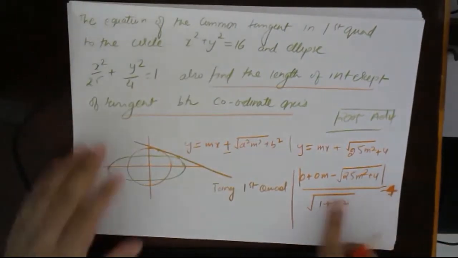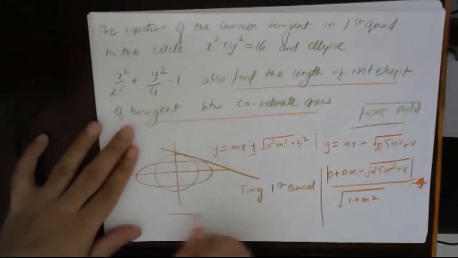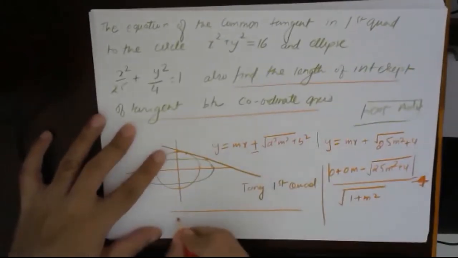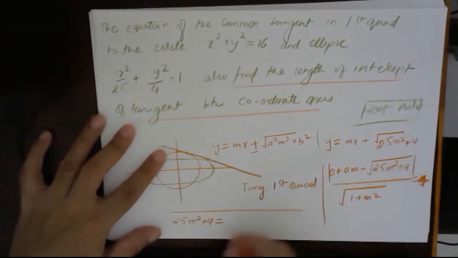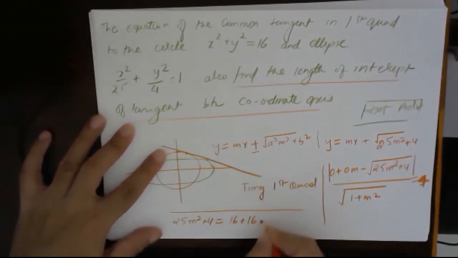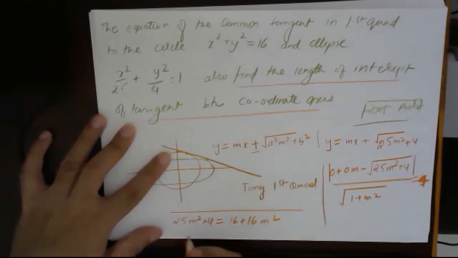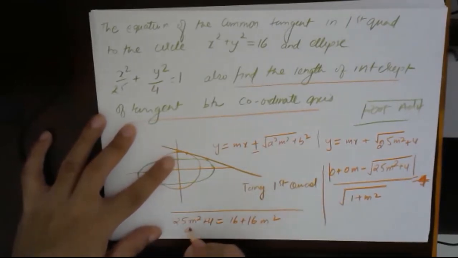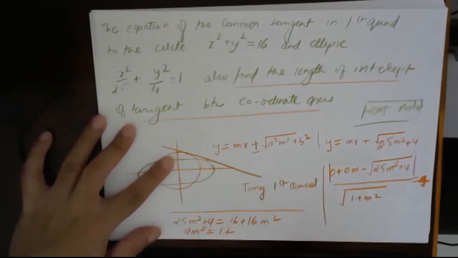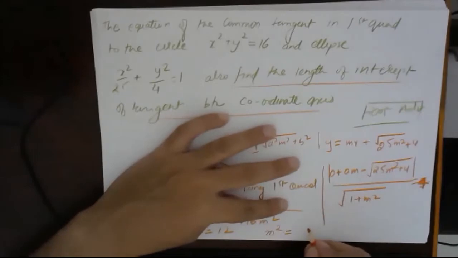Understood? If I square both sides, you'll get 25 m square plus 4 is equal to 16 plus 16 m square. So 9 m square is equal to 12. So m square is nothing but 4 by 3.